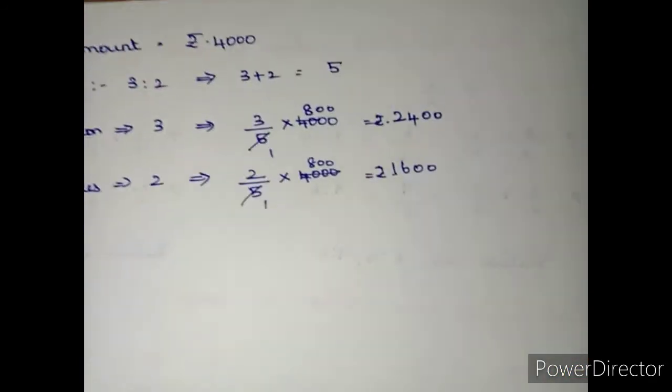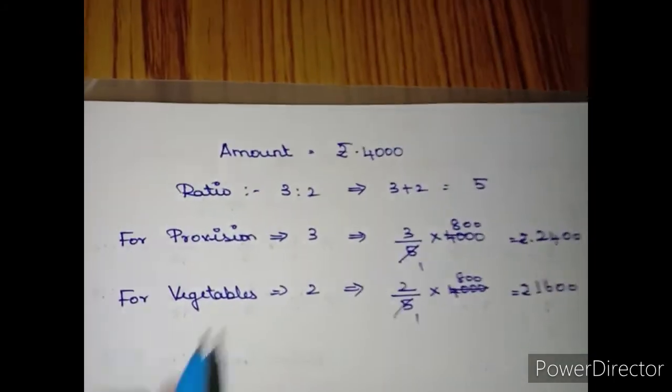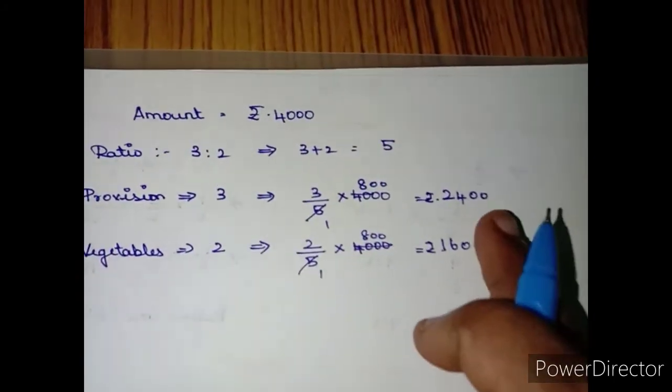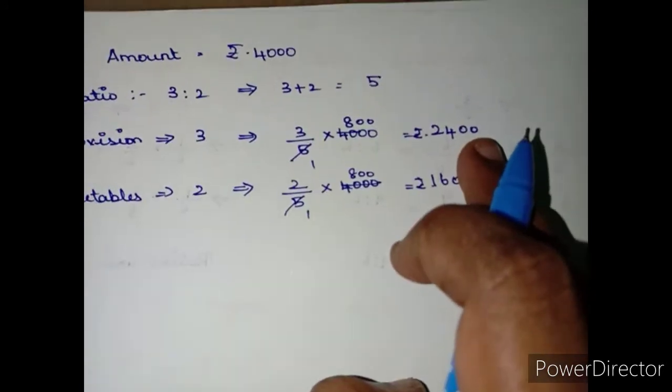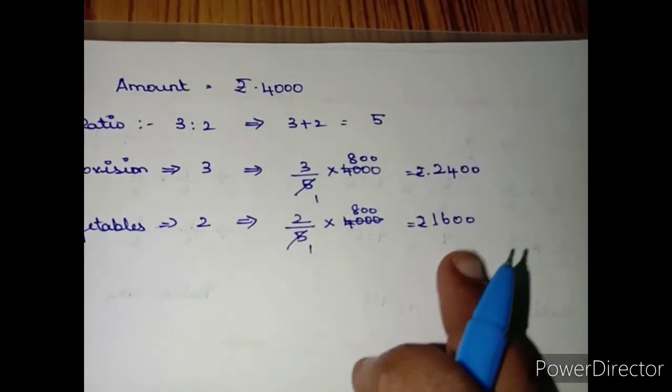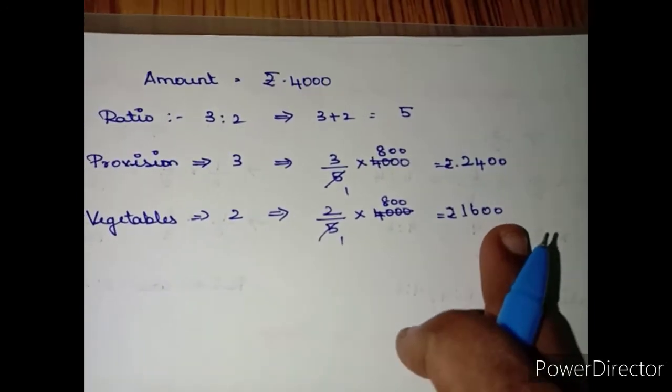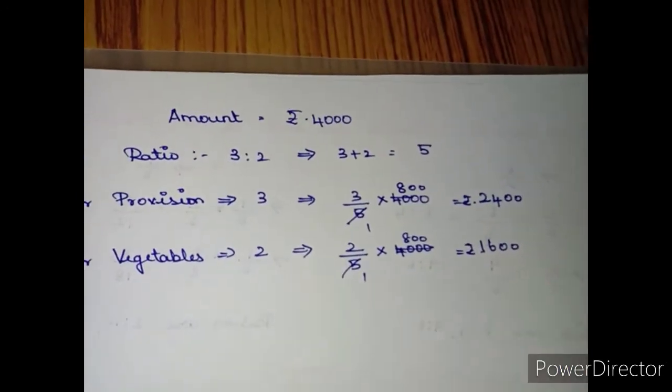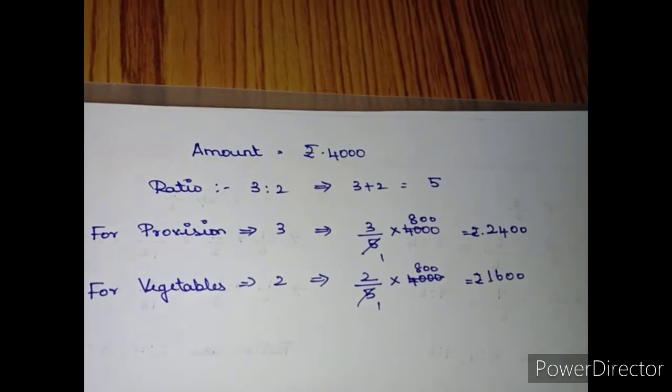Rupees 1600. So for provision, the family is spending 2400 rupees. For vegetables, they are spending 1600 rupees. Okay, we'll go with the next sum.